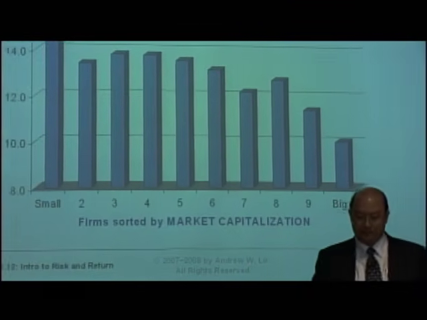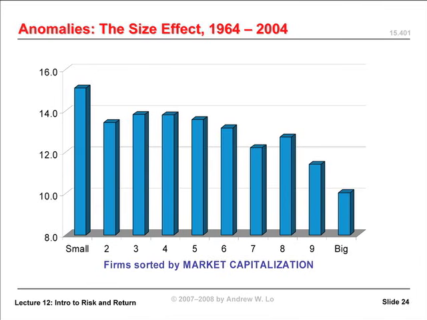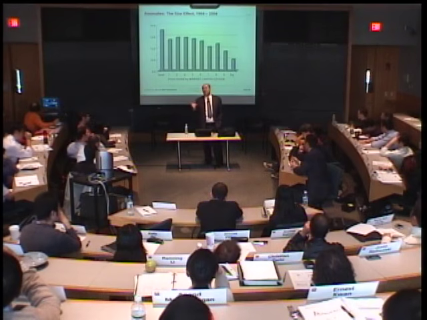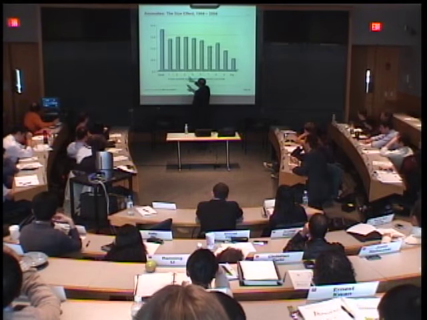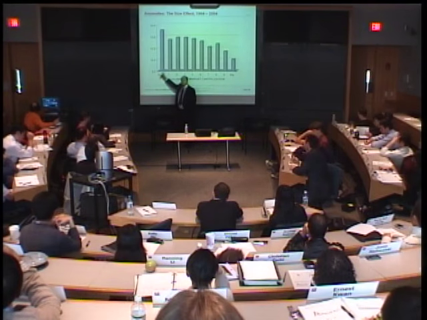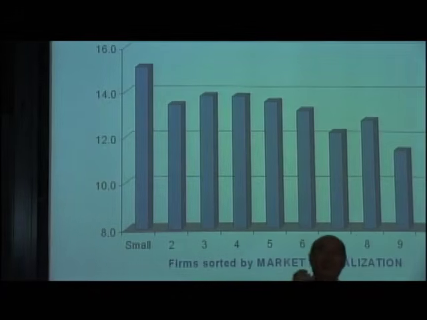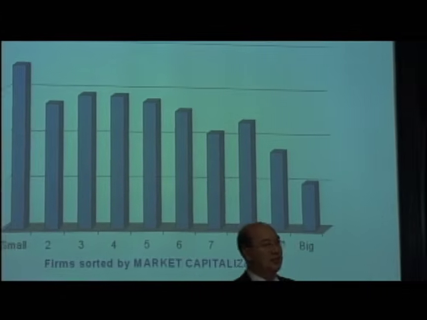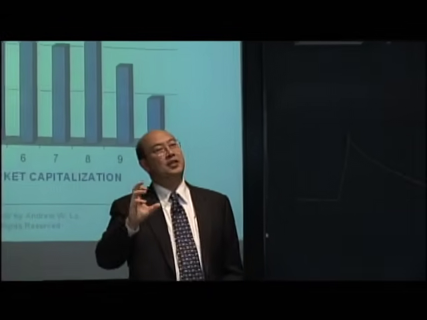Annualized. Okay. If I now compute that same rate of return for the smallest stocks, the stocks that are the smallest part of my sample, that's down here, I get a return of something like 15% per year. 15% versus 10%. That's a huge difference. That's like a six percentage point difference, right?